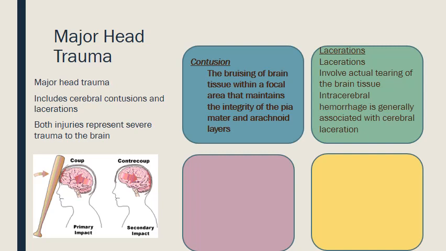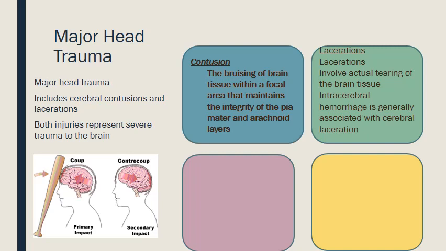What happens is the brain then pushes to the opposite end, the opposite of where the injury is occurring, and that's the contrecoup impact. And so it results in bruising, petechial hemorrhage, and edema in the area of the brain. Signs and symptoms, again, will depend on the area of the brain affected.